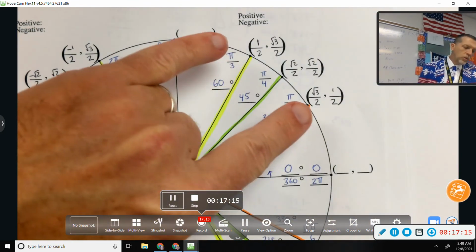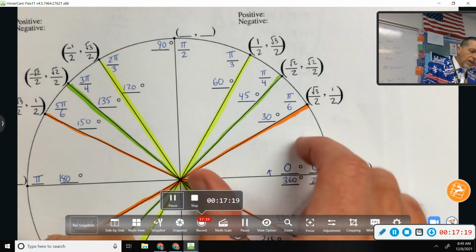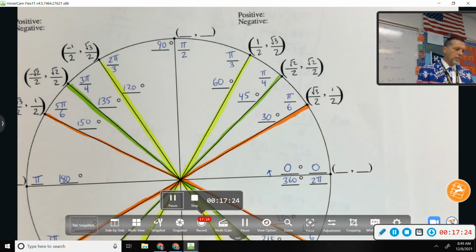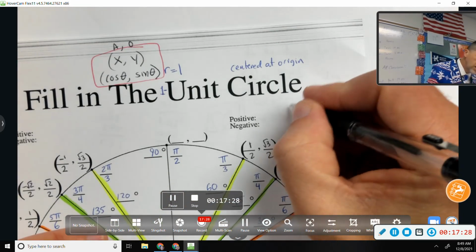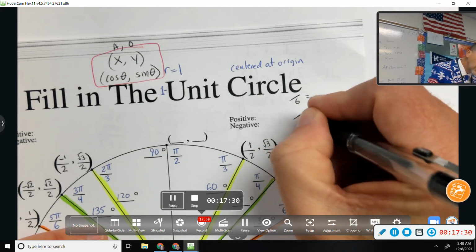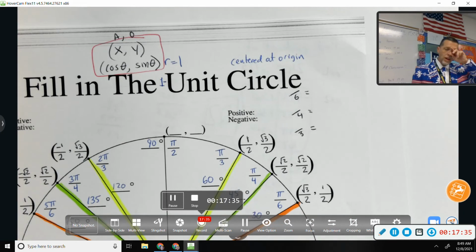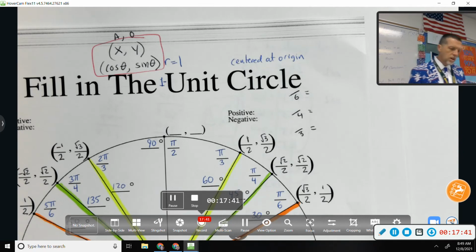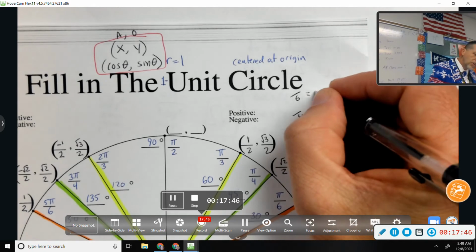So you can either memorize it, or what I think is easier is thinking about long sides or short sides. Over 6, over 4, over 3. I'm going to make an observation about the unit circle in general here. So over 6 is always the shallow angle.